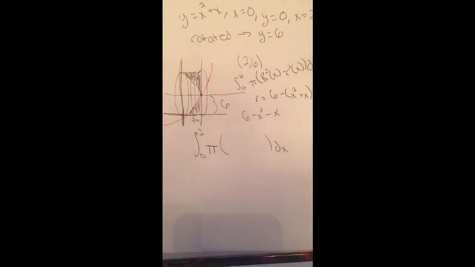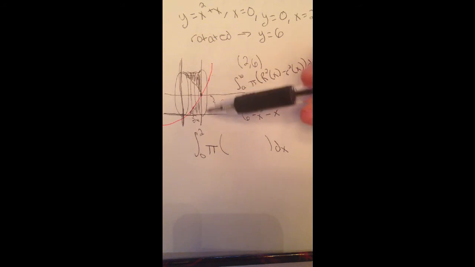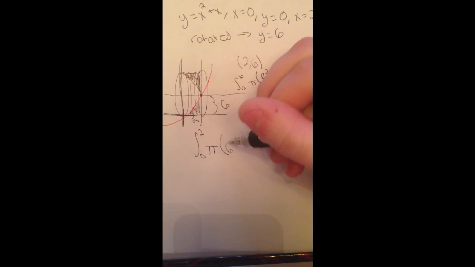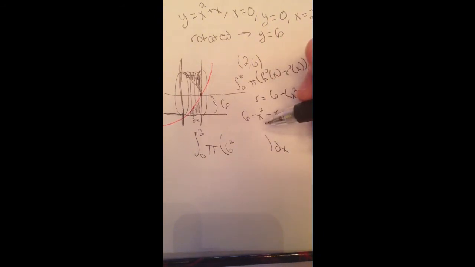Like we said earlier, 6 is the radius of the whole entire portion. So we're going to plug this in for the big R in this equation. Because both radii are squared in this equation, we're going to plug in 6 squared for big R. And then little r is the radius of the portion that we're going to subtract, so we plug in 6 minus x squared minus x as little r.